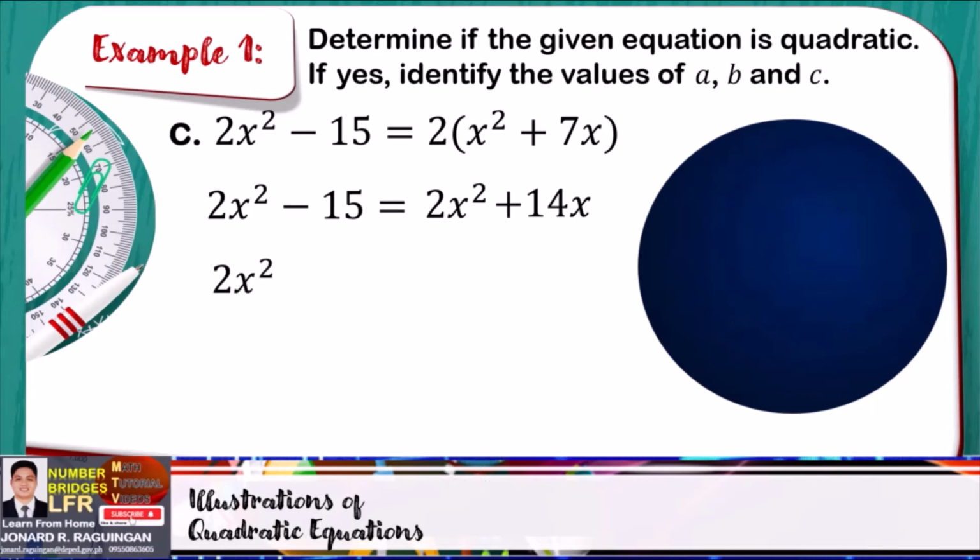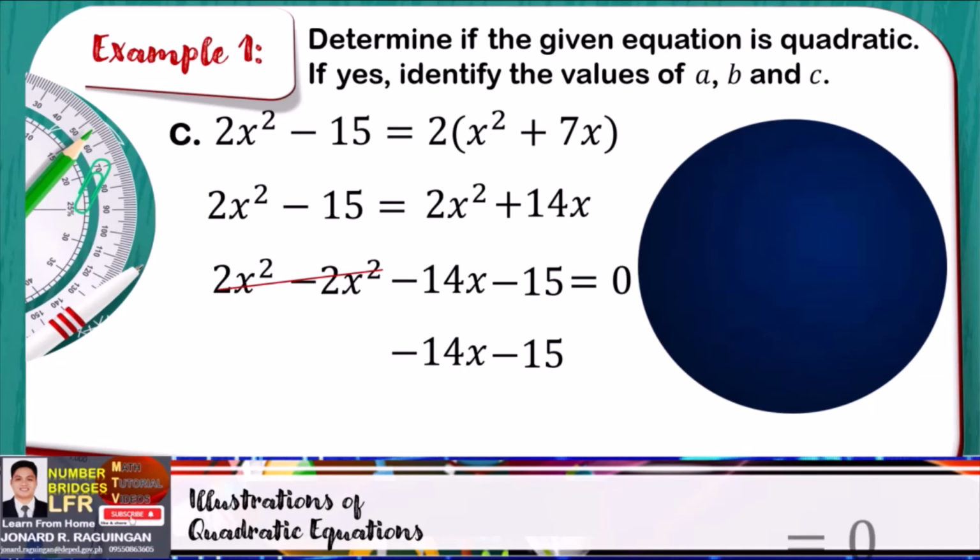That is 2x squared minus 2x squared minus 14x minus 15 is equal to 0. Simplify, we have to cancel 2x squared minus 2x squared because that is equal to 0. Then copy negative 14x minus 15 is equal to 0.